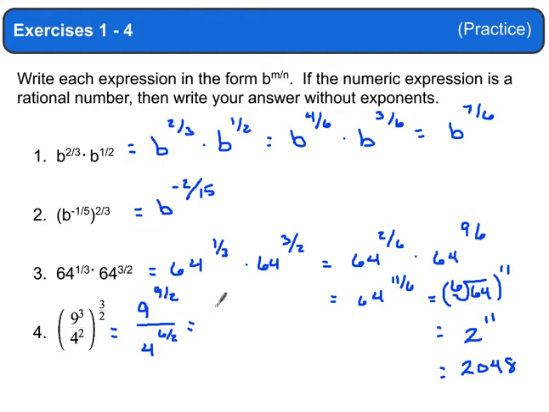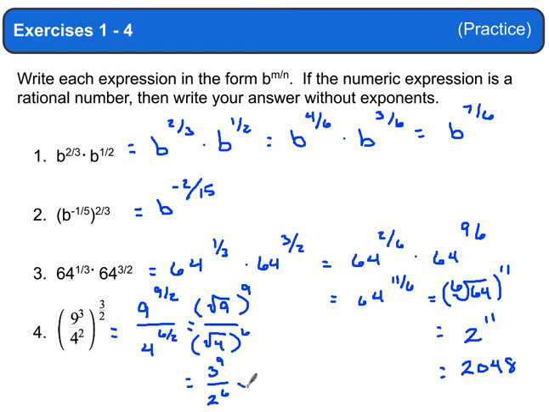So for example, it might be worth writing this one as the square root of 9 to the 9th power, and this will be the square root of 4 to the 6th power. Well, we know the square root of 9 is 3, so you end up with 3 to the 9th power, and you end up with 2 to the 6th power.